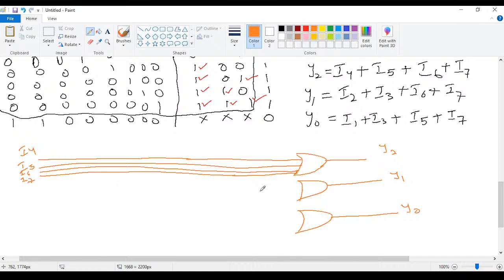In the same way for y1 equal to I2, we have I2 running here like this, then I3, and I6, we can take I6 from here, and I7 we can draw from here.